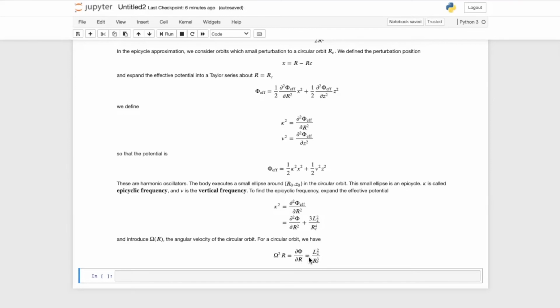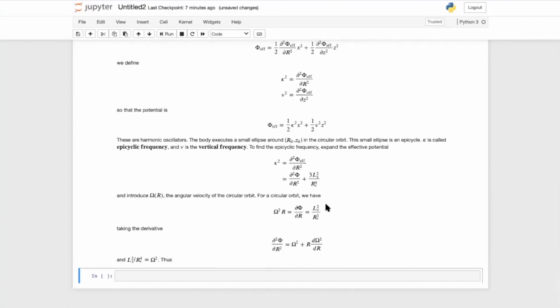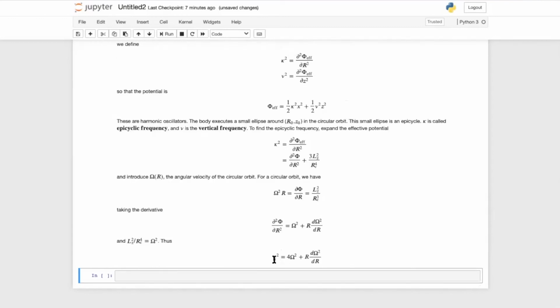Gravity is equal to the centrifugal force. It's in equilibrium. So if you isolate dPhi/dR and take the second derivative, this is what you get, because we can substitute the angular momentum also by a function of omega. So we have this expression for kappa, since we found what the second derivative of Phi is.